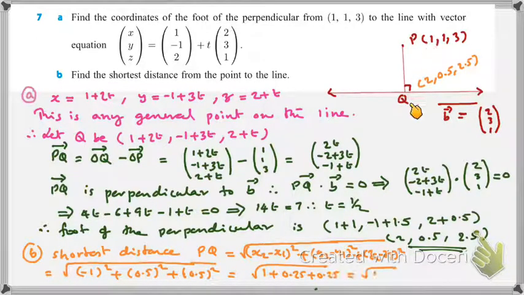So 1 minus 2, minus 1 square, plus 1 minus 0.5, so 0.5 square, plus 3 minus 2.5, which is 0.5 square. 1 square is 1, 0.5 square is 0.25, 0.5 square is again 0.25, which is root of 1.5.